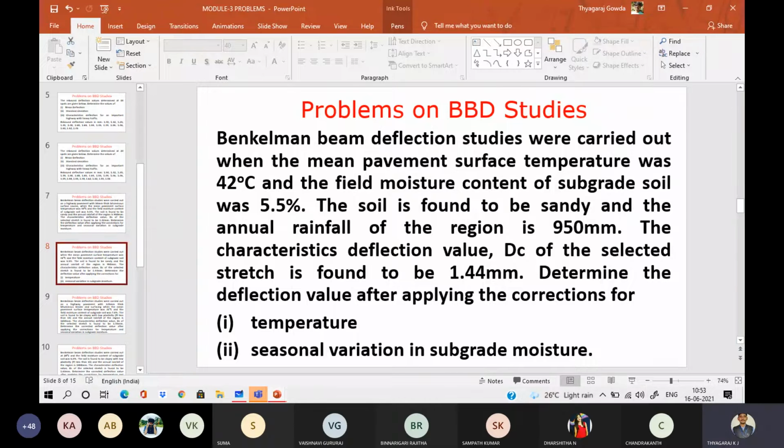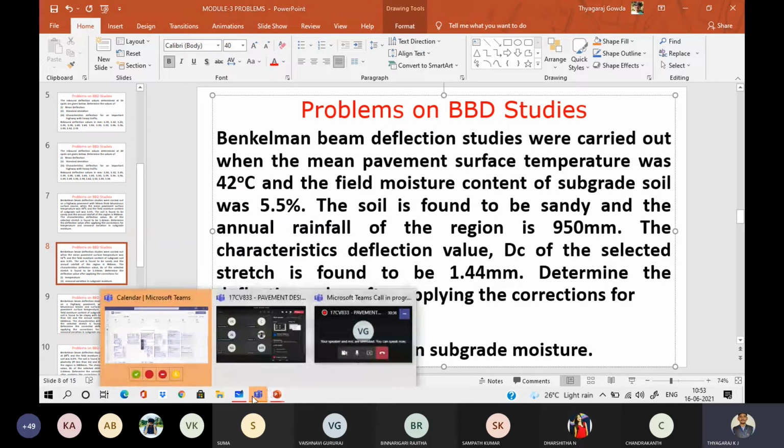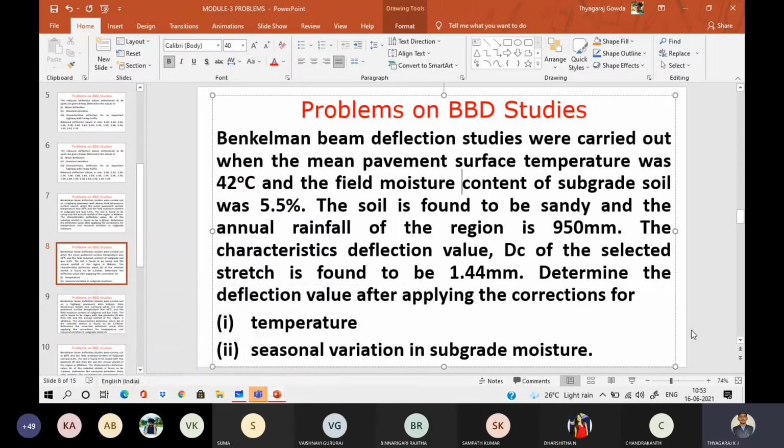Benkelman beam studies were carried out when the mean pavement surface temperature was 42 degrees Celsius. The field moisture content of subgrade soil was 5.5%. The soil is found to be sandy and the annual rainfall of the region is 950 mm. The characteristic deflection value DC is 1.44 mm.